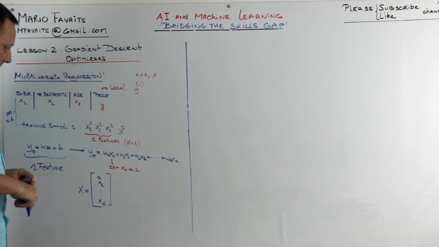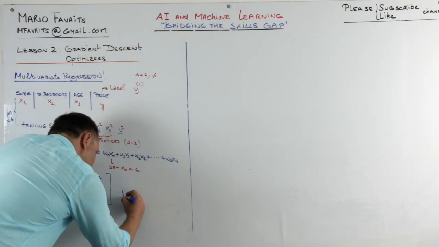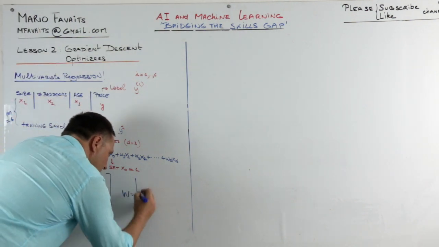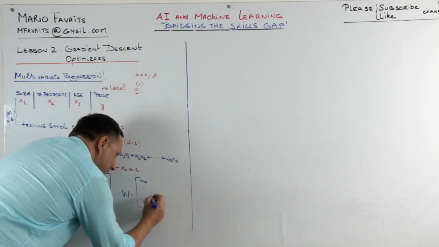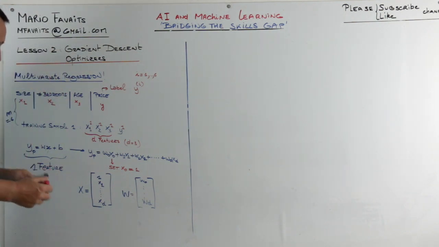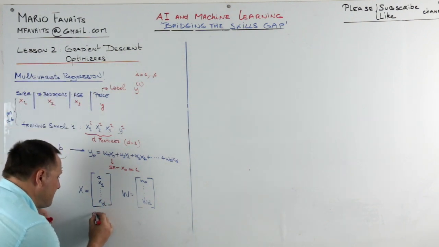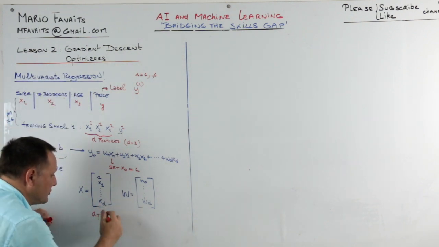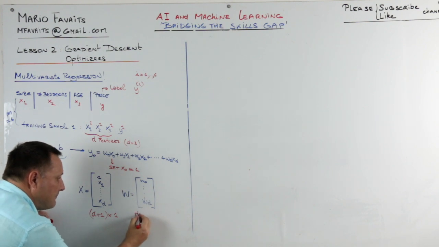The same we can do with parameters w. So we have a vector w equals from w0 all the way to wd. Now the size of this vector is d plus 1 rows times 1 column, and this is the same, d plus 1 rows times 1 column.